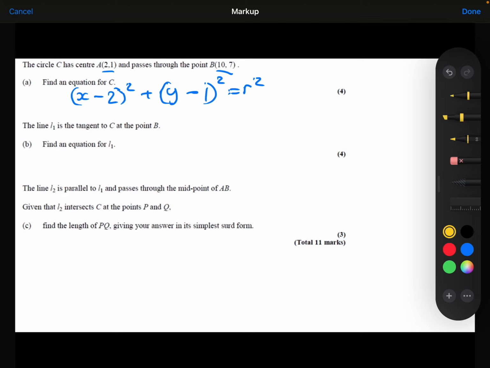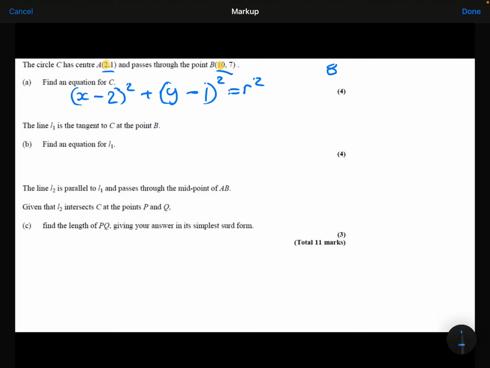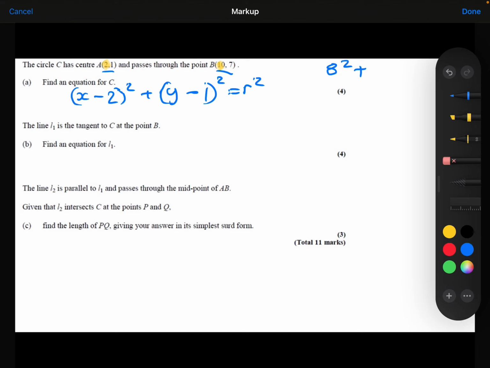So we can do that by looking at the x-coordinates. The change in the x-coordinates there is 8, the 10 take away the 2. So we have 8 squared plus, now we'll look at the change in the y-coordinates, which is 6 between 1 and 7.